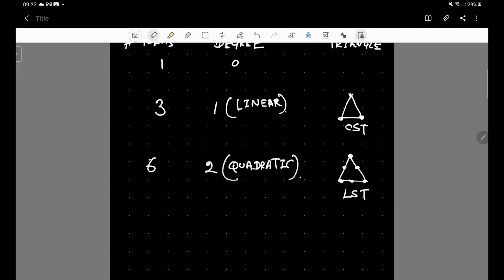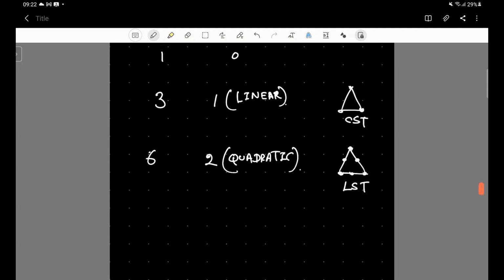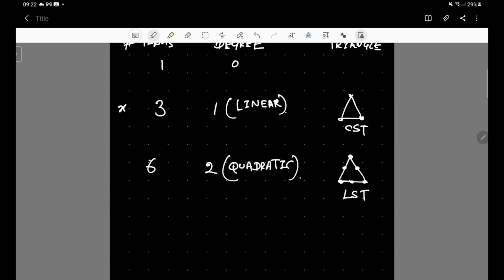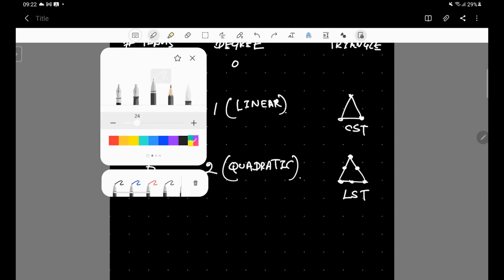There are 6 terms which we would have to identify.